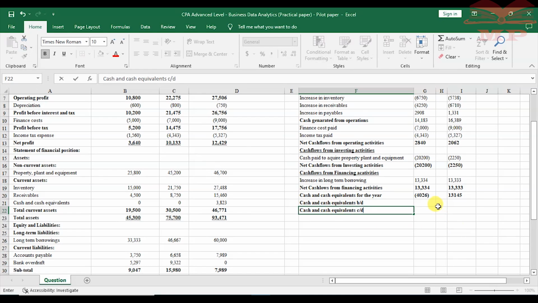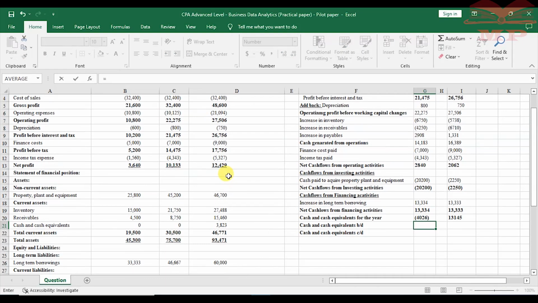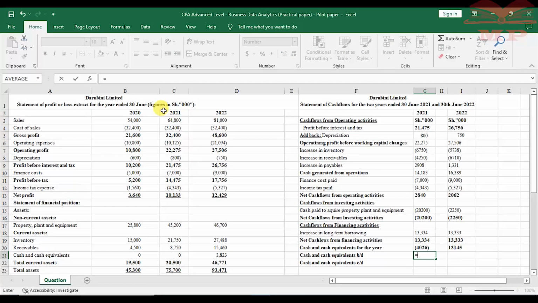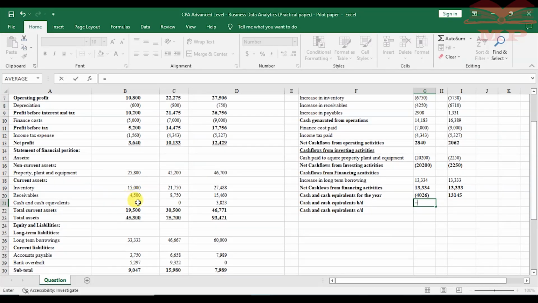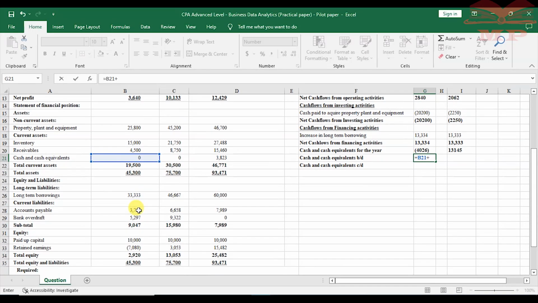So cash and cash equivalents brought down, because that has been given, equal sign. The cash that you started with in 2021 was the cash that ended in 2020. So cash and cash equivalent here is 0. Add bank overdraft that was here, 5297. Of course, you get 5297, but it should be an overdraft.